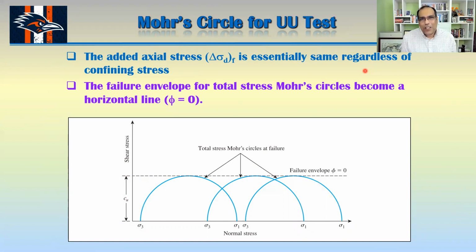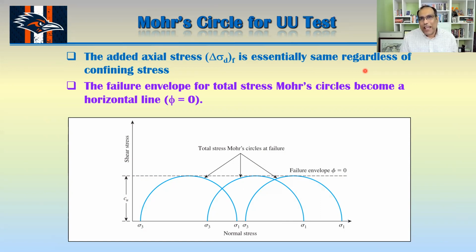That's basically the idea: you are applying confining stress, but since the soil is not allowed to drain or consolidate, all the pressure will be taken by water. So your pore water pressure is equal to your applied confining stress.